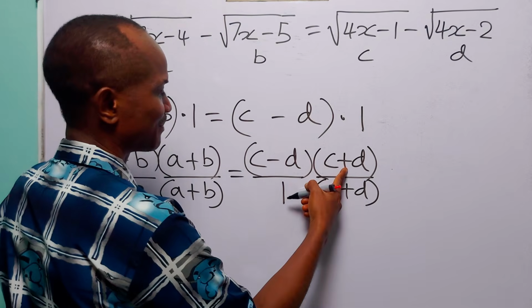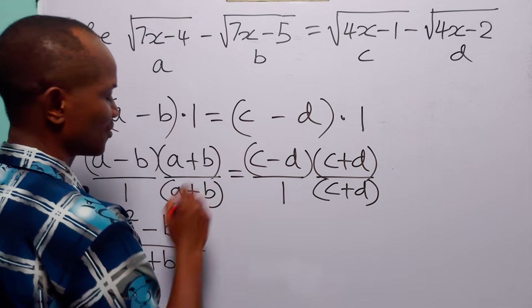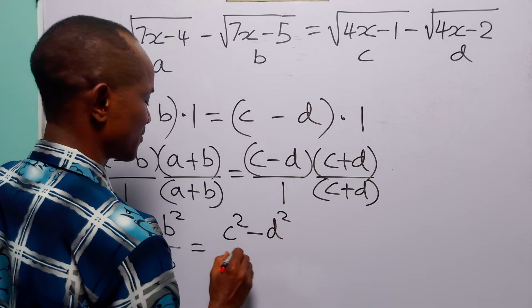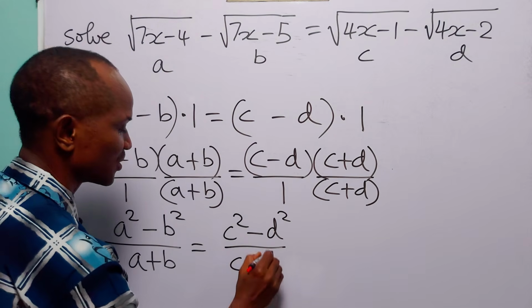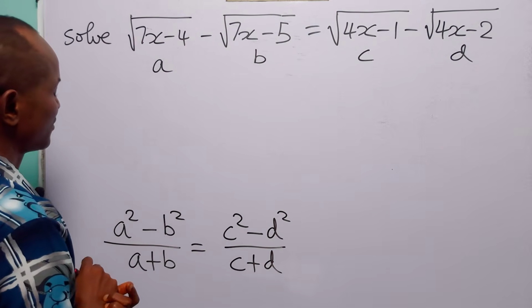Once more, when we multiply these two conjugates, we get the difference of two squares. So we have c squared minus d squared. 1 times c plus d is c plus d. Now let us go back to the original equation.